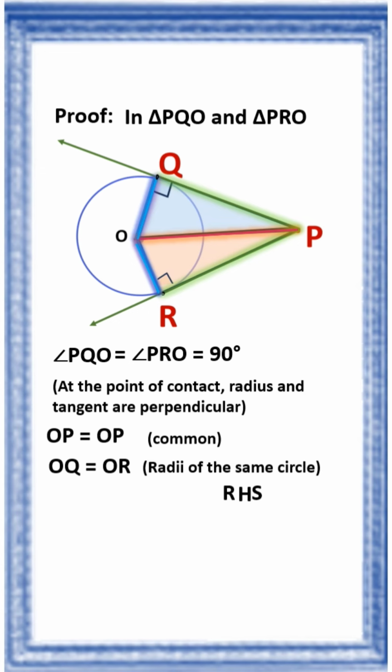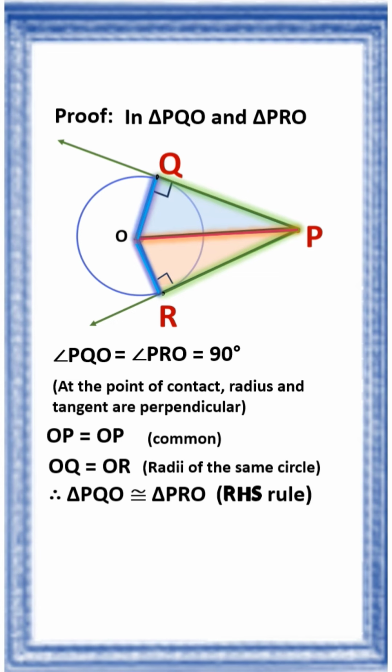This is one side. So because of the RHS congruency rule, the triangles are congruent. So now we can write that triangle PQO is congruent to triangle PRO because of the RHS rule, right angle hypotenuse side rule.